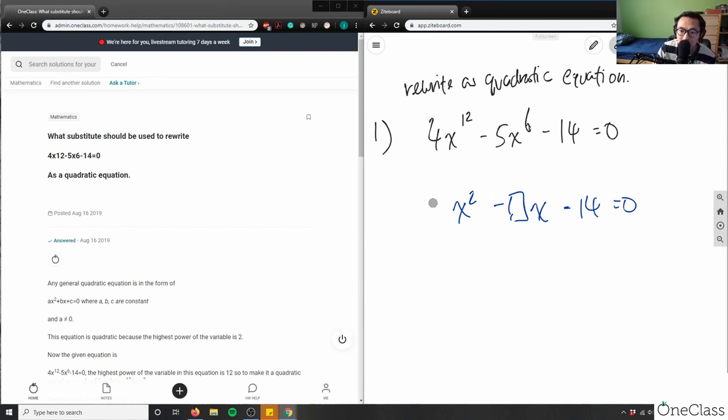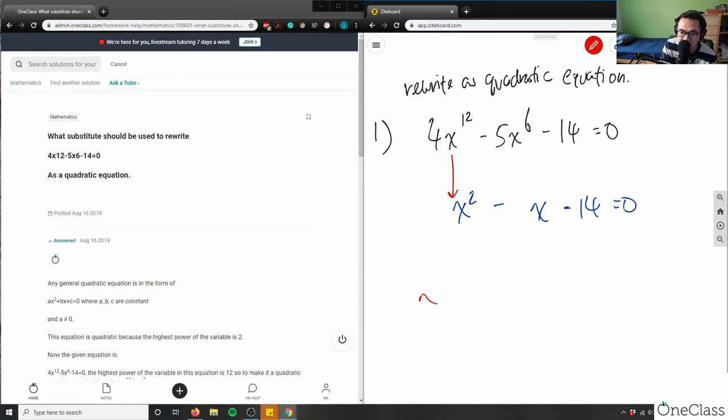So how would I get from 4x to the 12 to x squared? What would I have to do? I can divide x to the 12 by x squared. Or sorry, I'm not dividing. Basically I'm taking these two exponents, and maybe I can take it to another exponent.